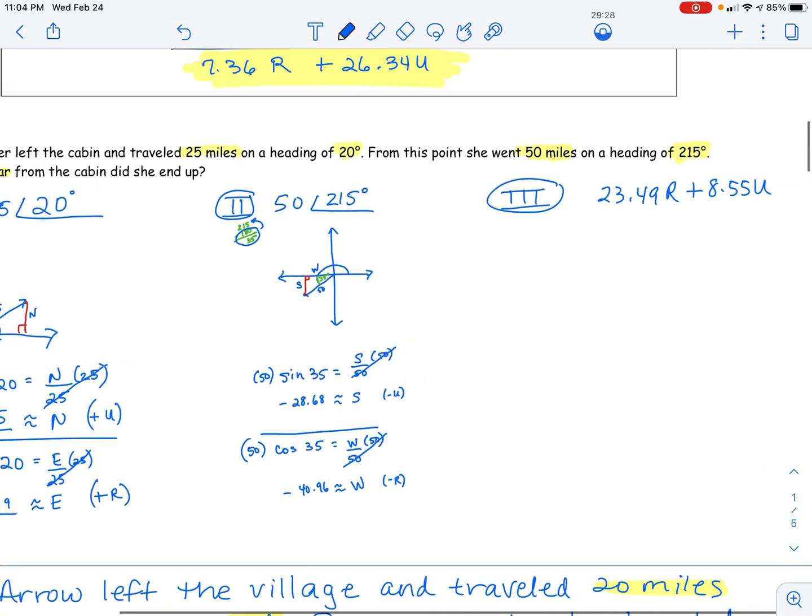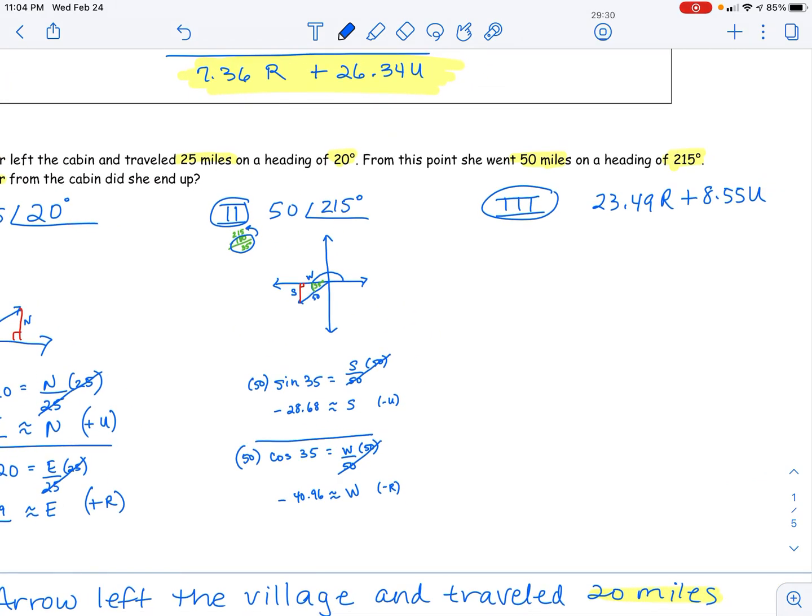Now let's go write the rectangular form of that. So we have a negative 40.96 r, minus 28.68 up. Okay, now let's go ahead and add the same components together.